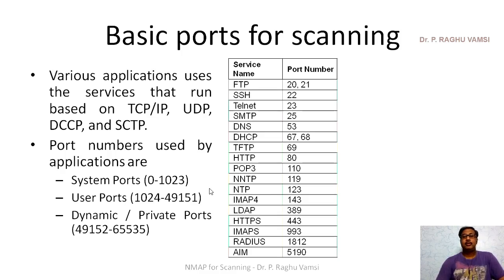This table shows you various port numbers that are frequently used by some standard services. For example, file transfer protocol uses the system port numbers 20 and 21. SSH, secure shell, will use 22. Telnet uses 23. SMTP uses 25. These are the default port numbers that are bound by the standard services.